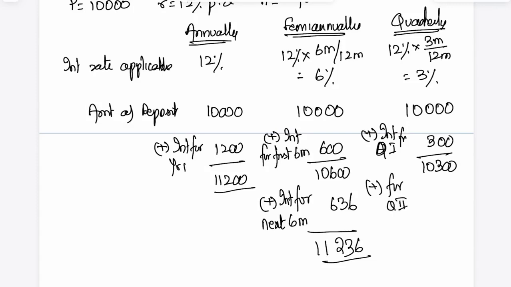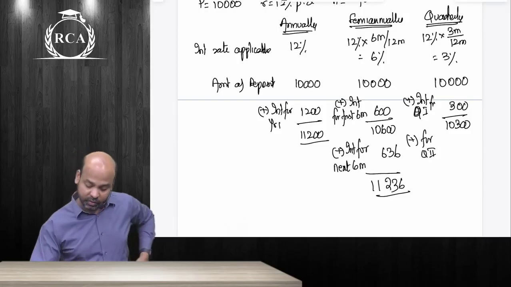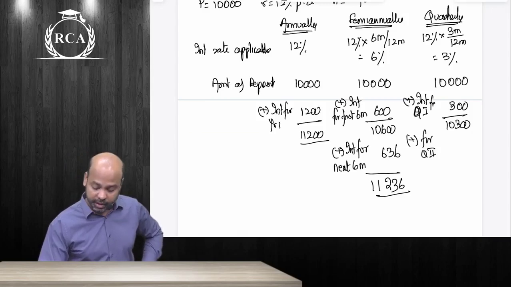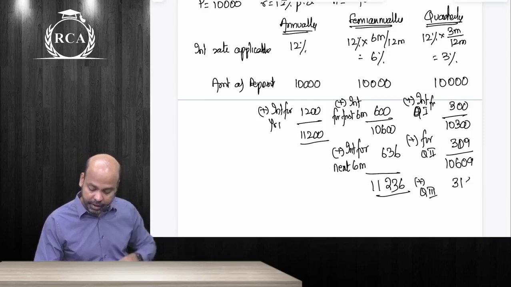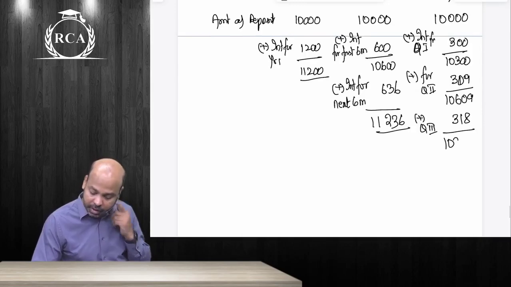Yes, guys. What is the interest for the second quarter? 309. What is the interest for the third quarter, beta? 318. Next, beta, this will become 10,927.